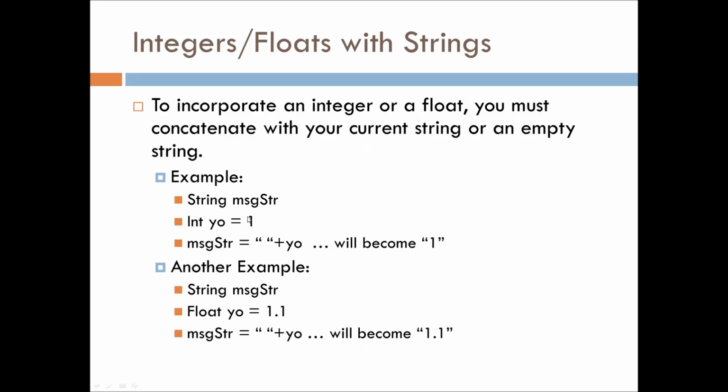We have an integer, and we're using an empty string. That's what happens when you have blank space in between two double quotes, added to yo, and that empty string will then become your variable, but now it's a string, not an integer when you do that.